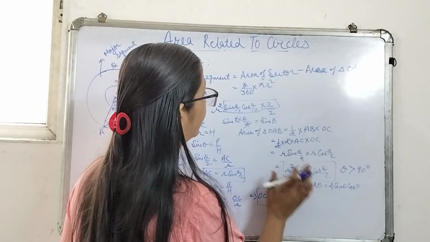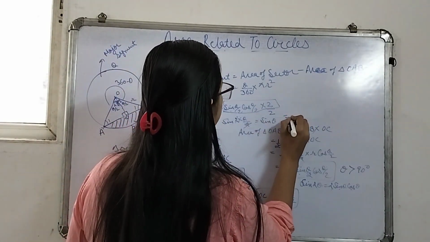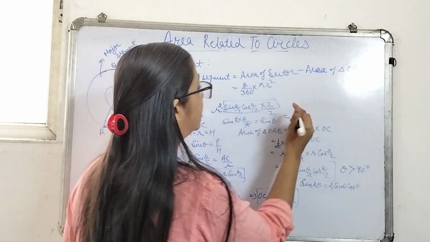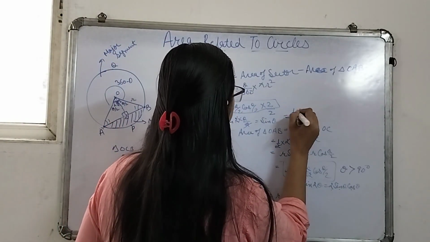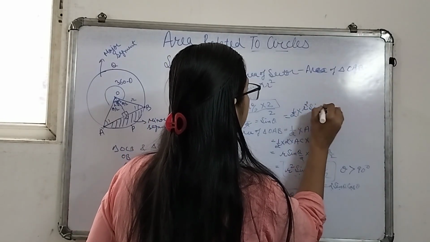So another formula for finding the area of triangle OAB can be written as 1 by 2 into R square sine theta.